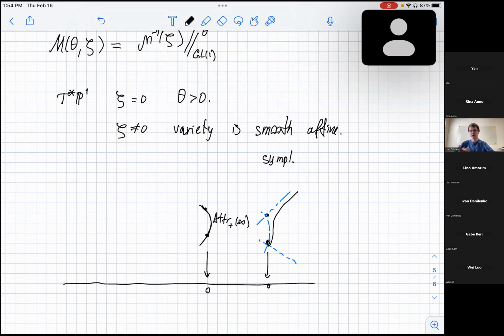I slightly perturb the data and it cannot end at the other point. There are no holomorphic symplectic curves. It has to escape to infinity then. Is it clear? So a small perturbation of this holomorphic symplectic variety gives me that these attractors start to misbehave.